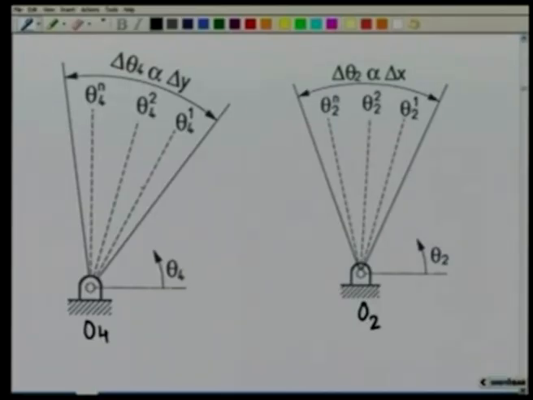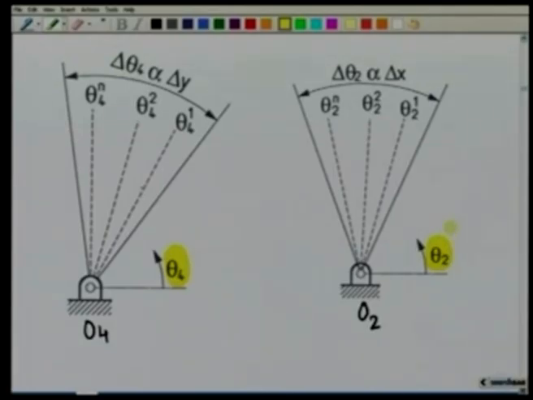What we want is that the movement of this output link, which is denoted by the change in the angle theta 4 measured from some reference line, is to be coordinated according to a specific function with the input movement, which is given by the change in this angle theta 2.